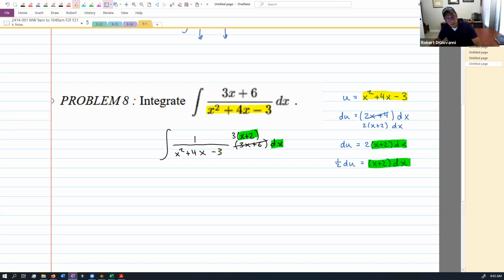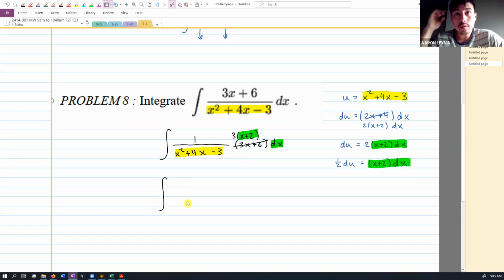So let's see if we can rewrite this. I'm going to go back to Aaron because I want to see if Aaron can help me rewrite the integral. So what is this integral going to become? To start replacing things, the green and the yellow, what does this become? So it'll be 1/2. Okay, you want me to put the 1/2 out here?